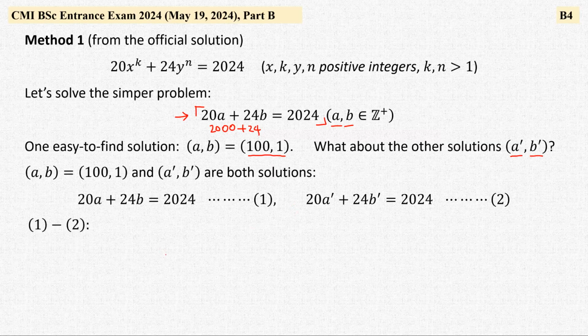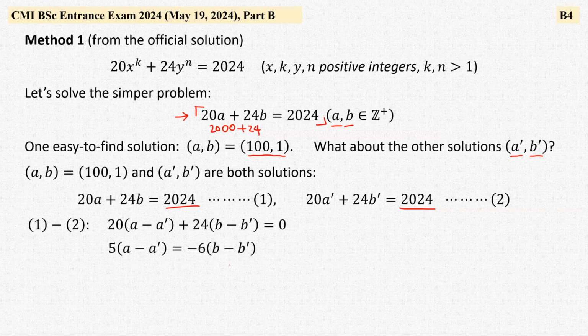If we subtract one equation from the other, we can eliminate the constant term 2024 and obtain 20 times (a minus a prime) plus 24 times (b minus b prime) equals 0. We can further divide both sides by 4 and rearrange to obtain 5 times (a minus a prime) is equal to negative 6 times (b minus b prime).